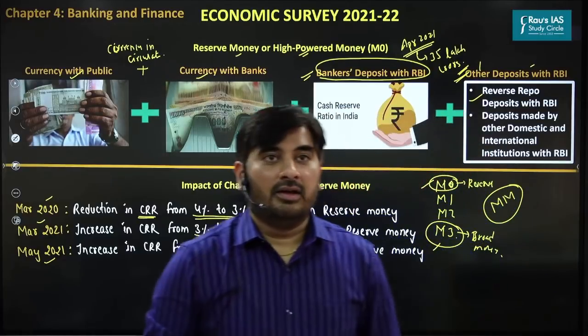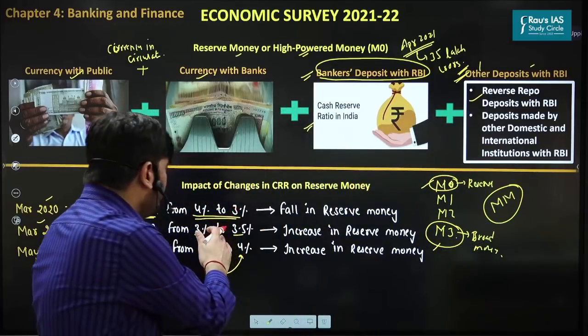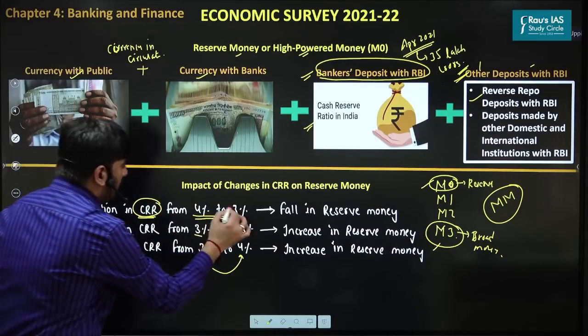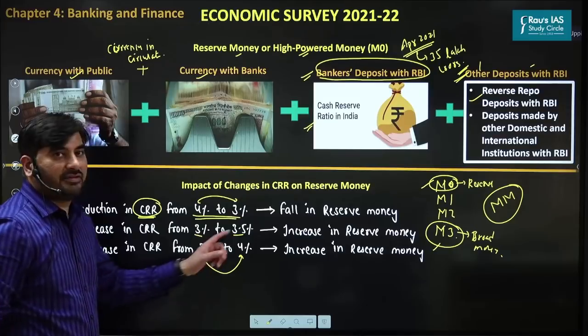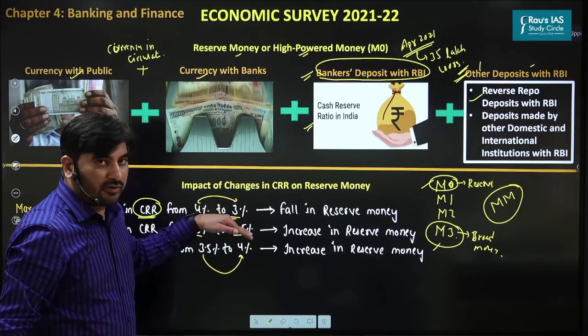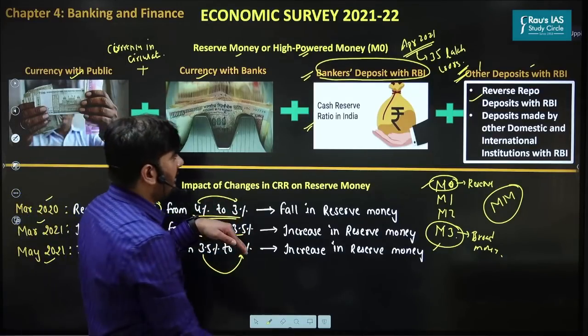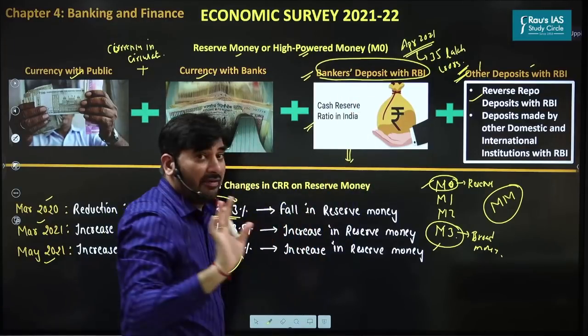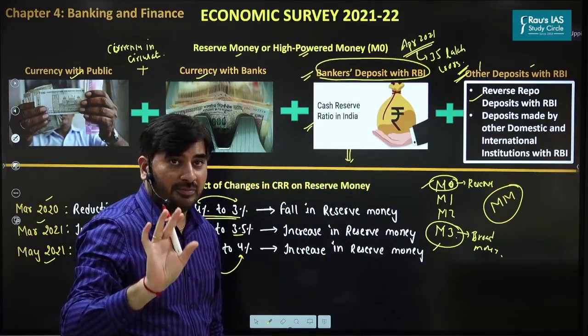Okay. So now let's understand how changes in CRR will impact the reserve money. Now let's say the CRR has been reduced from 4% to 3%. Look at this. When CRR has been reduced from 4% to 3%, can I say this part will reduce? Bankers' deposits with the RBI will reduce? Yes. Are you with me on this?